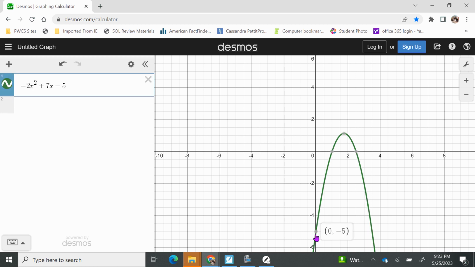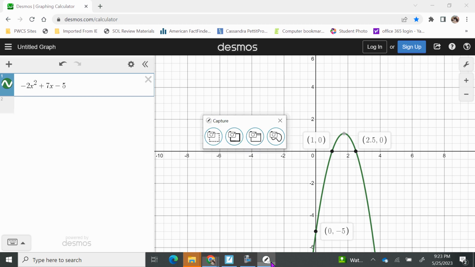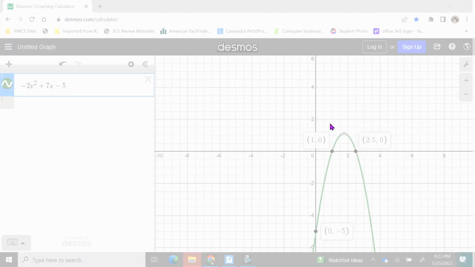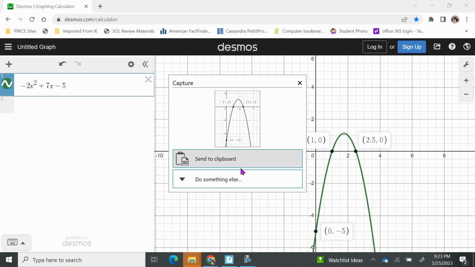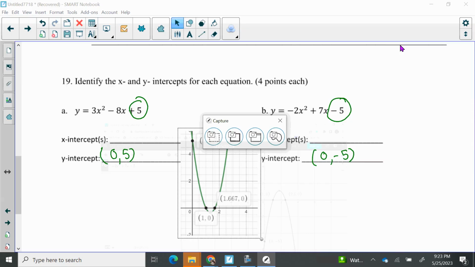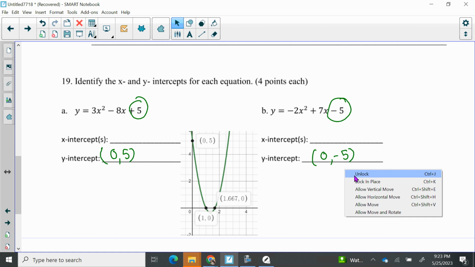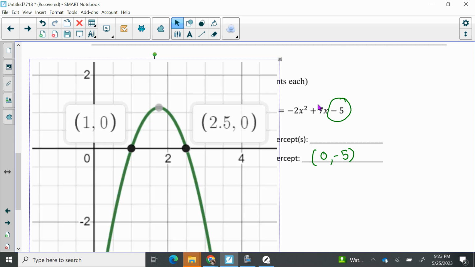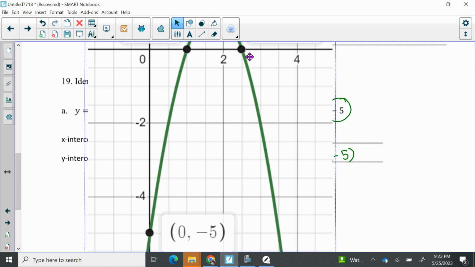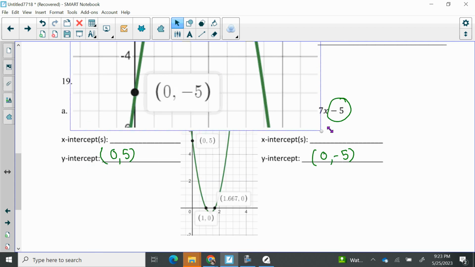So if you can see, our y-intercept is (0, negative 5), and we have two x-intercepts as well. Remember I told you that that constant at the end of a parabola or a quadratic equation that's in standard form is always your y-intercept. No, Control V, sorry. So this little guy is going to go over here.